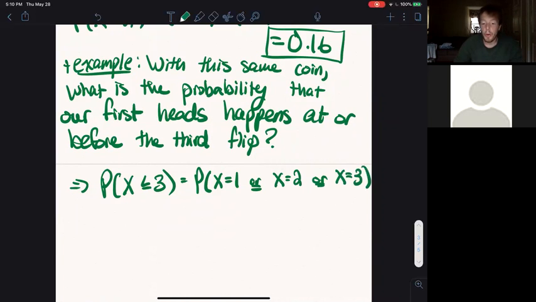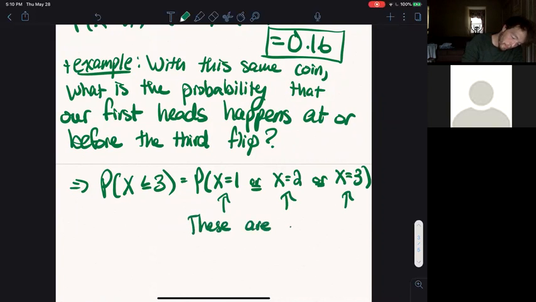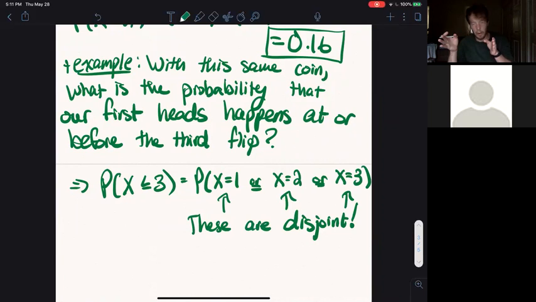And the thing I want you to note is that these three events, they're actually disjoint. Because think about it, if event 1 happened, if my first heads is on flip 1, then event 2 can't happen, right? My first heads is on flip 1, it can't also be on flip 2. And that also works the other way around.